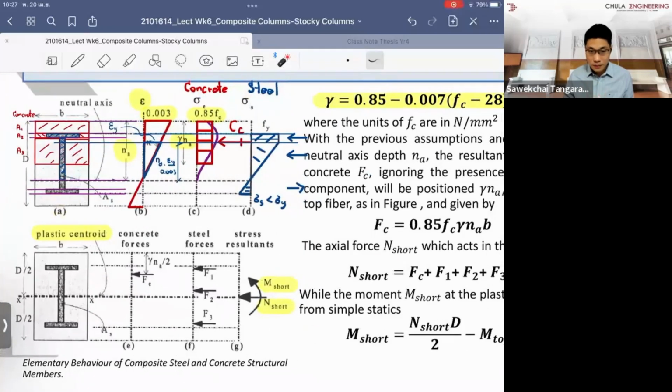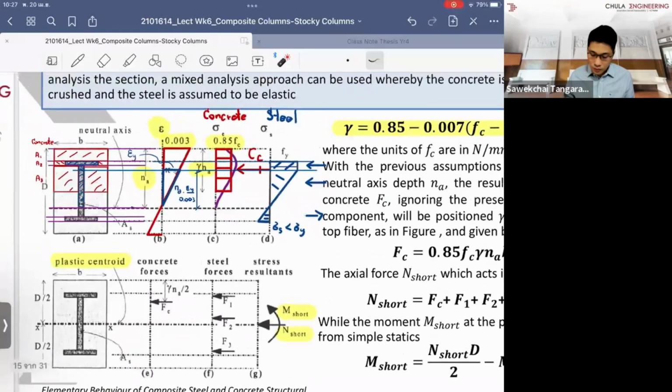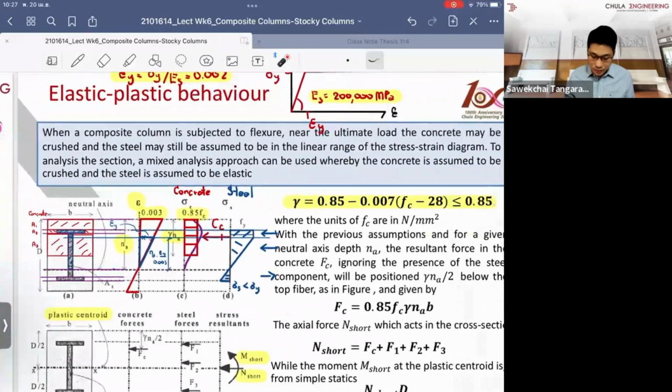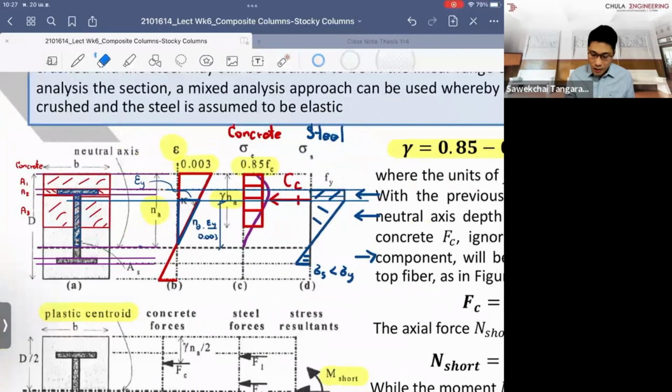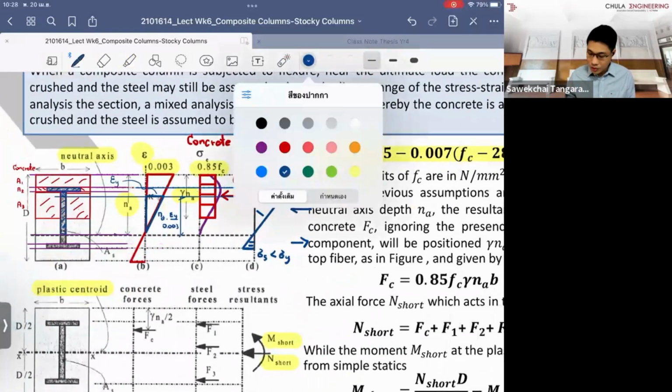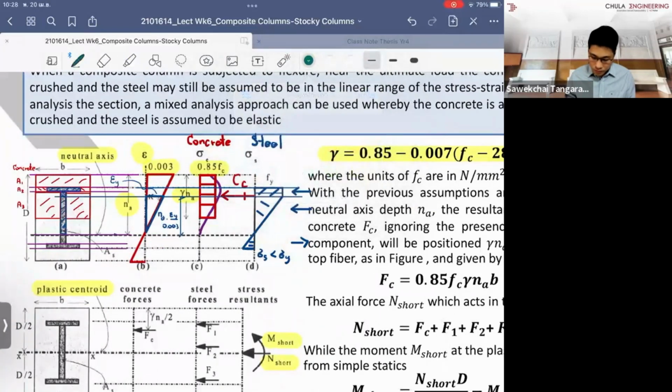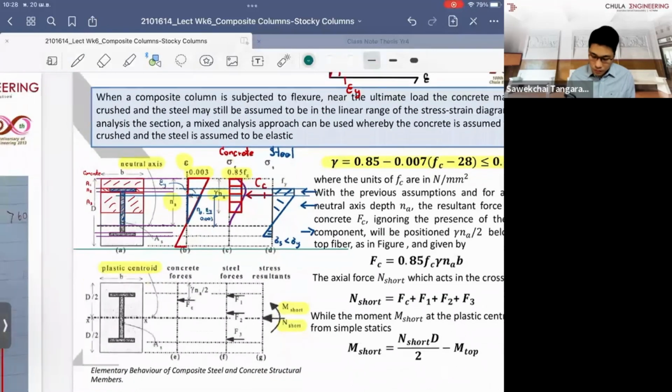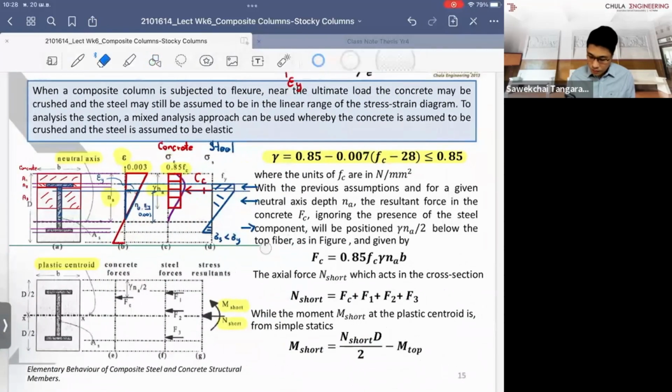So you might see that if you have to perform the analysis, the thing that you need to know first is where the neutral axis depth is. So what normally people do, they keep varying the neutral axis depth.